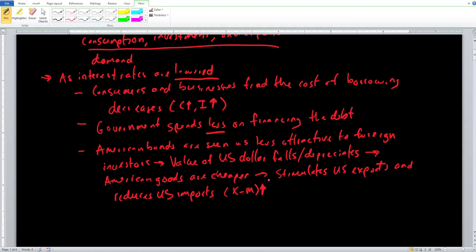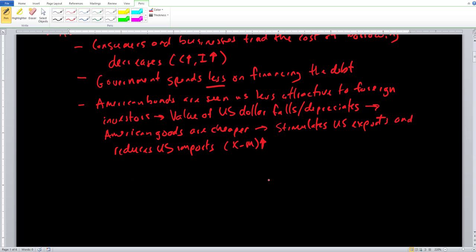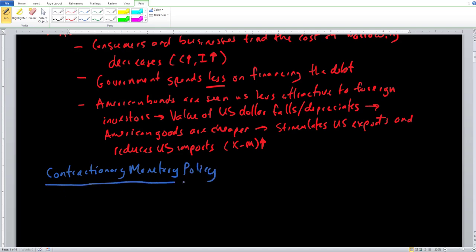And just for completion, we can turn our attention to the other side of the argument with contractionary monetary policy instead. We'll just give you the foundation for it right here, but I think you guys get the idea of it already. So with contractionary monetary policy, this is just going to be moving everything to the opposite side.